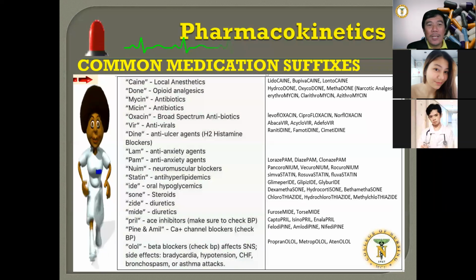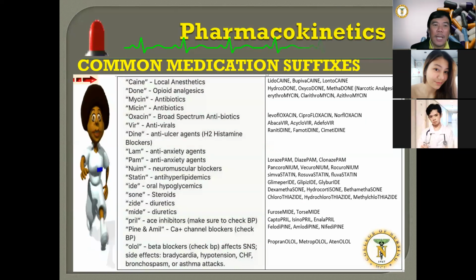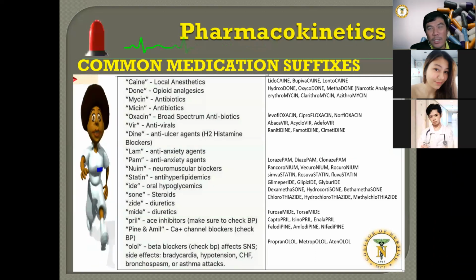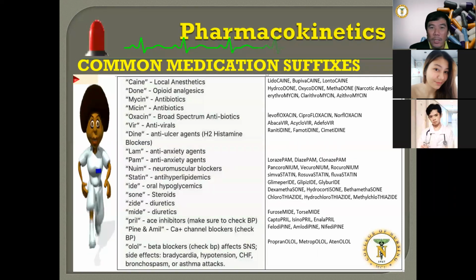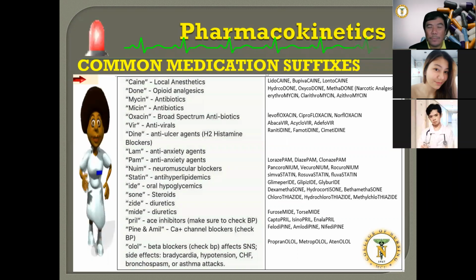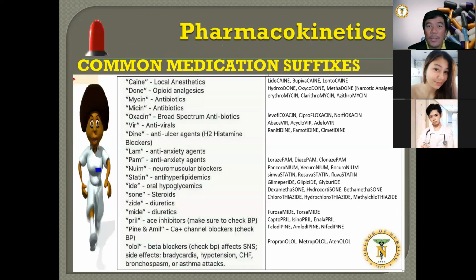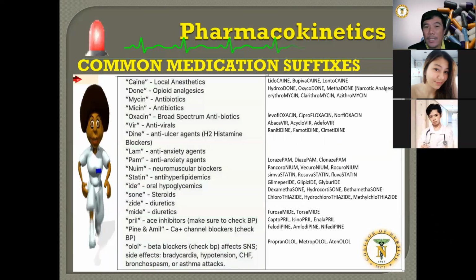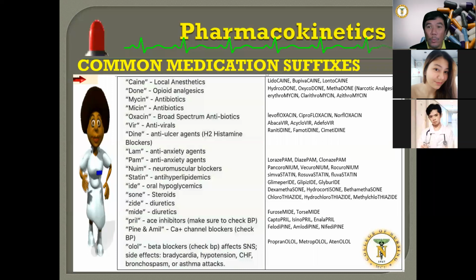Thank you so much. So next, those drugs ending in tidine. Those drugs ending in tidine are anti-ulcer agents, and anti-ulcer agents are those drugs also classified as H2 or histamine 2 blockers.